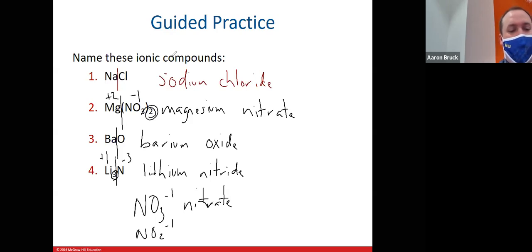NO2 minus 1, this was nitrite. This one down here with 1 fewer oxygen, all I do is change that ATE ending to an ITE ending because of the 1 fewer oxygen. Charge doesn't change. The only thing that changes in those ATE and ITE ions are the number of oxygens. And ATE will always be 1 more than ITE.